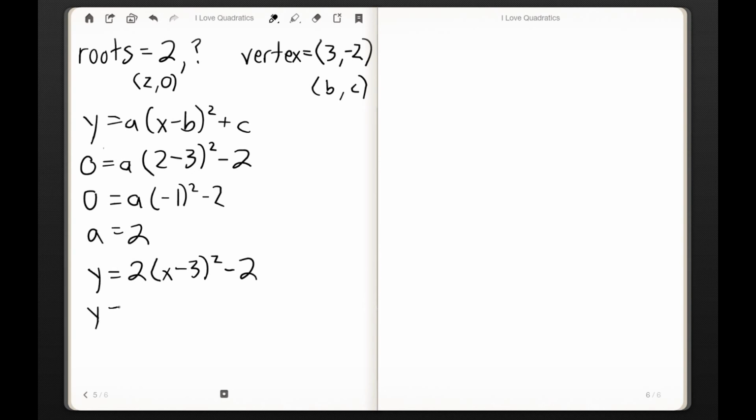In standard form, this is going to be 2 times x squared times 2 times negative 6, so minus 12x, plus 2 times 9, so plus 18, minus 2 will be plus 16. There we go.